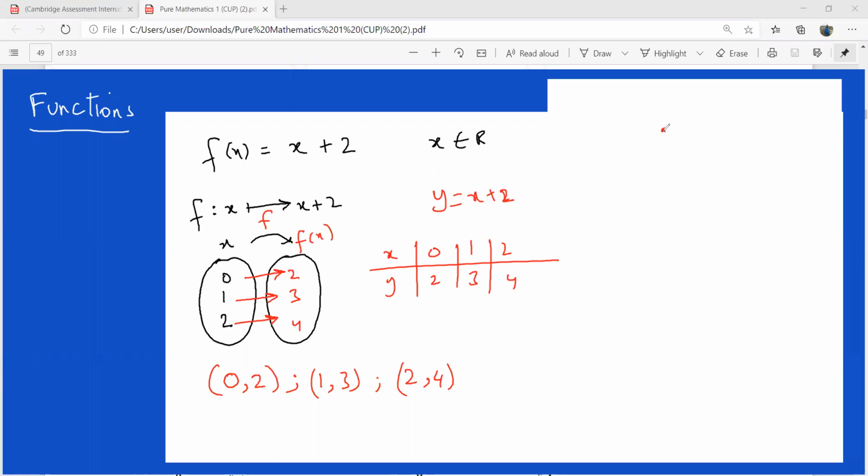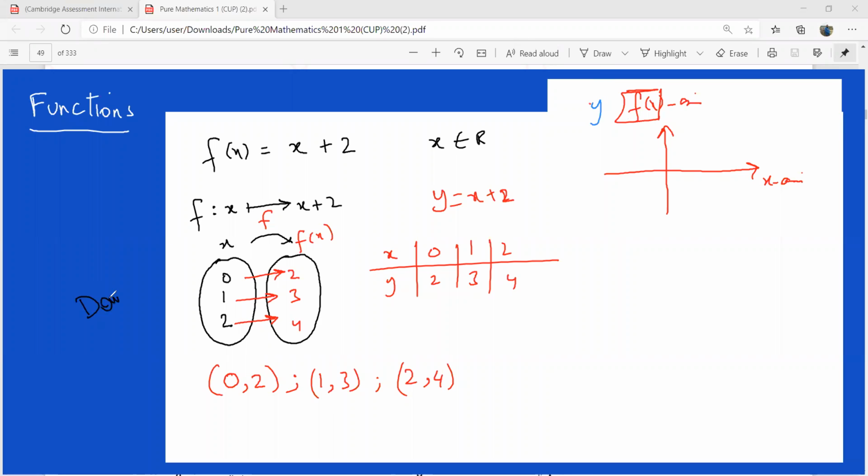So if this is your x-axis, instead of f of x, you can say this is your f of x-axis. We normally change this to keep things simple. We change this with the y over here, so we have the x-axis and the y-axis. Is it clear to you that this 0, 1, 2 is also called the set of domain?